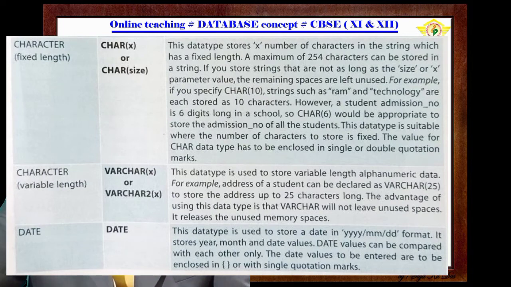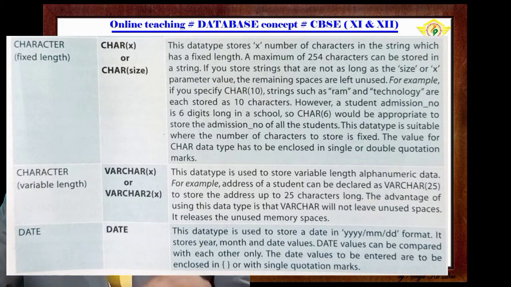Next is varchar, that is also a character type. This is variable length alphanumeric data, and it stores more data. If you give size 25, varchar 25, it releases the unused memory space if not used sufficiently.